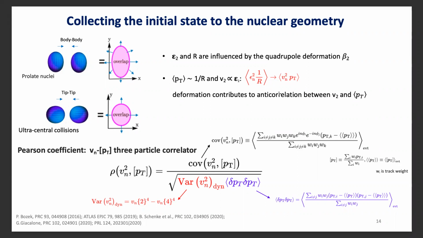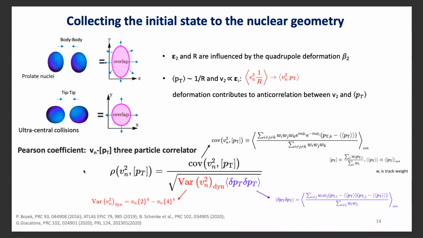So we can have an anti-correlation between v2 and pT. But for the tip-tip collision in the central region, the overlap region is smaller, there's a much larger expansion, the mean pT is large, but the shape is more circular, so the epsilon2 is very small.